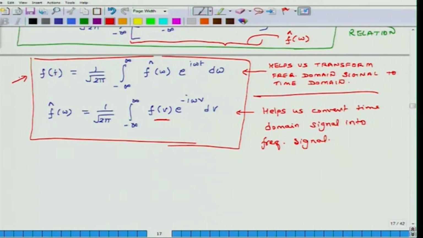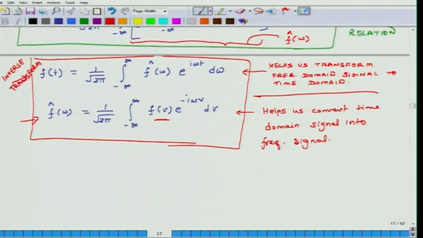So this one is also known as inverse transform. Second one, that's known as inverse Fourier transform. The first, and this guy is actually your Fourier transform or direct Fourier transform.